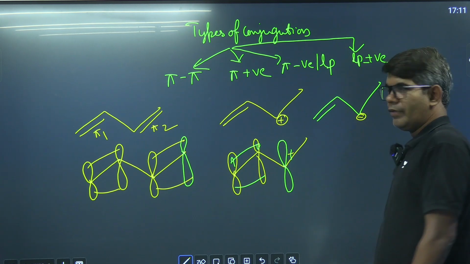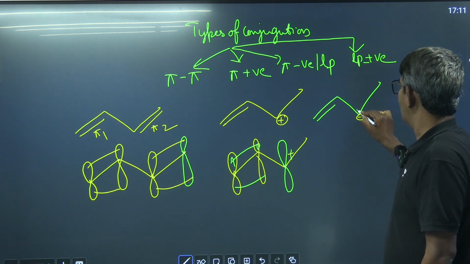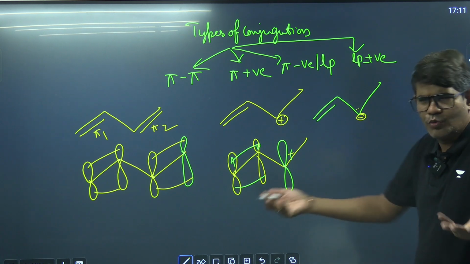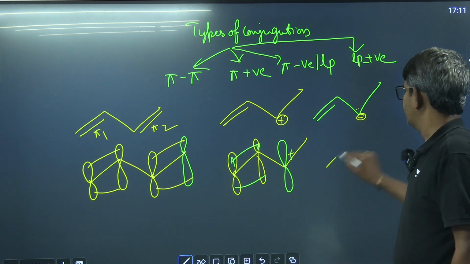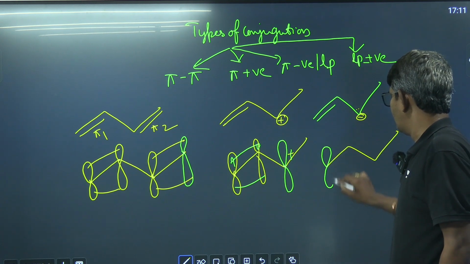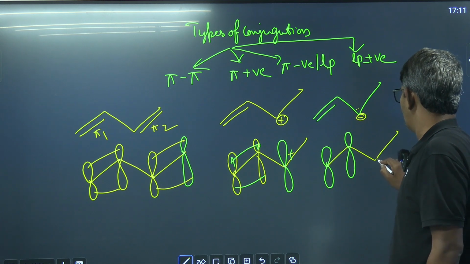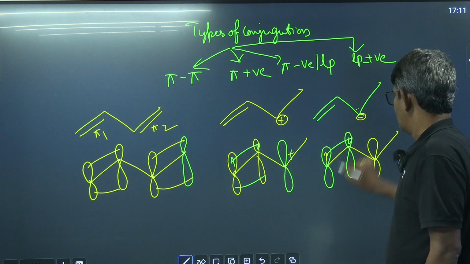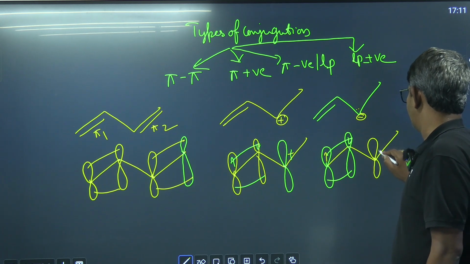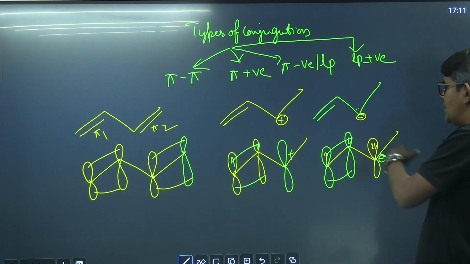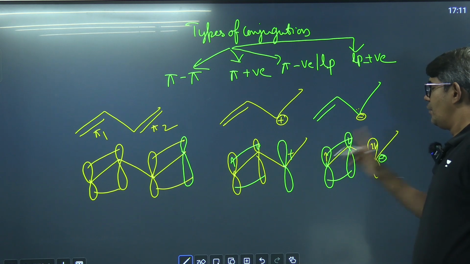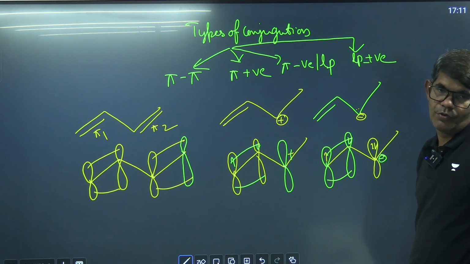Whenever you have a negative charge, definitely it will be carried or supported with a lone pair, and that's quite obvious. So these 3 p orbitals are on the same plane. So that is the reason why delocalization is possible.